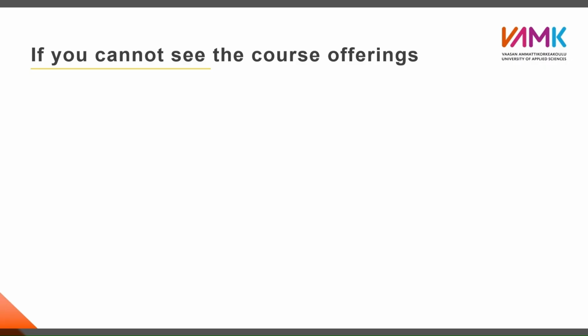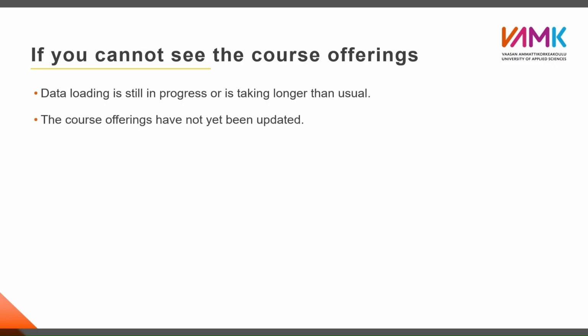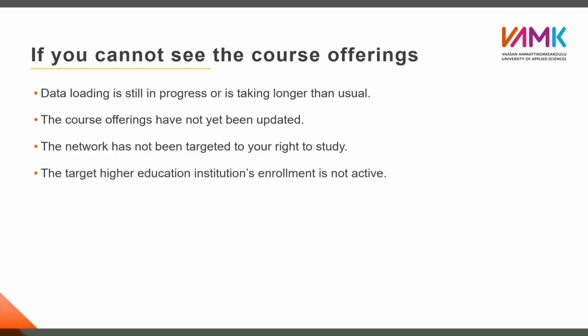If you cannot see the course offerings, the reason is usually one of the following. Data loading is still in progress or is taking longer than usual. The course offerings have not yet been updated. The network has not been targeted to your right to study. The target higher education institution's enrollment is not active.